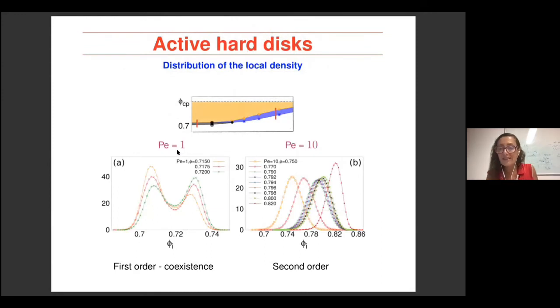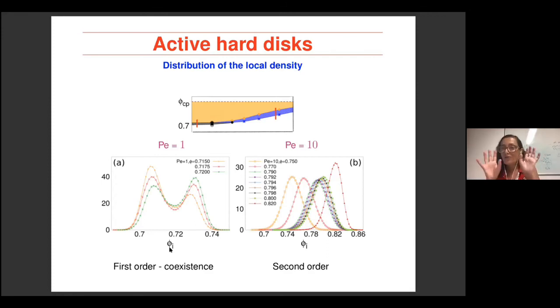Okay, so I have these distributions. If I go across the transition at very small Peclet, where I have this coexistence regime, what I see is that for packing fractions within the gray region, I have this double peak structure of the distribution. Here it is of local density. Local density is simple: you count how many particles there are in a given box around a position, with some length for the boxes that you use.